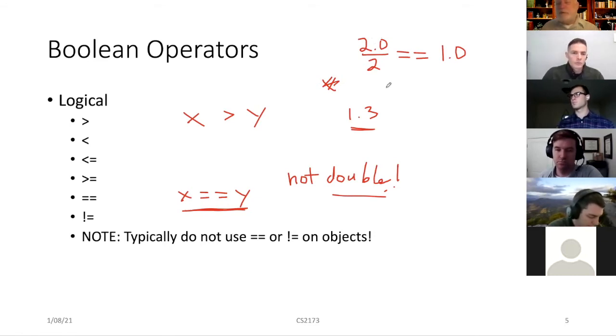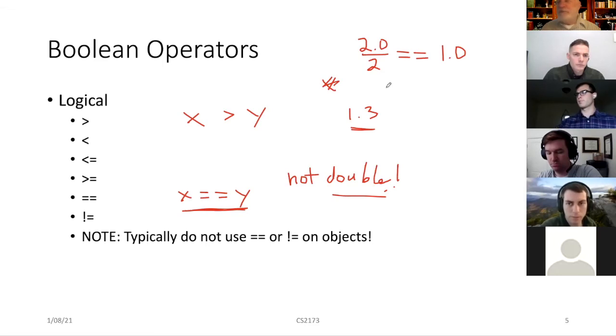In other words, if I compute a double value one way and compute it another way, I may get completely different representations in the computer. So these 128 bits that are representing that floating point, if there's one bit that's different, it could be in the 16th decimal place. If that's different, then this is going to come up to be false. That's why we don't use it for doubles.